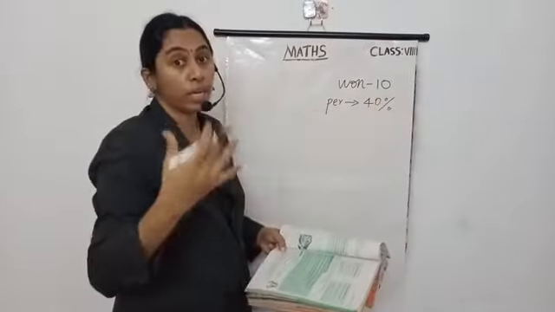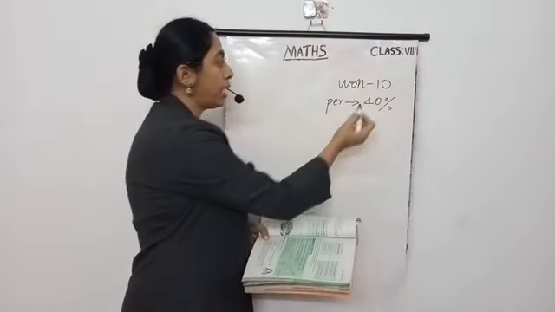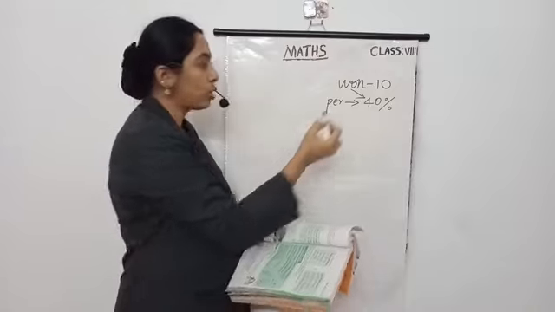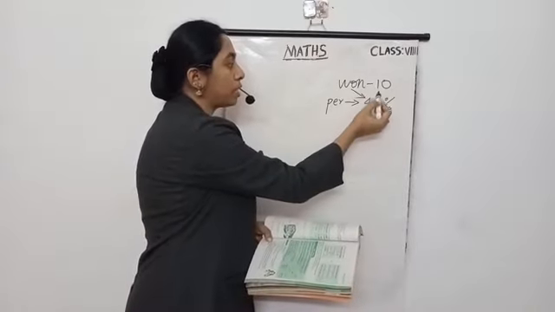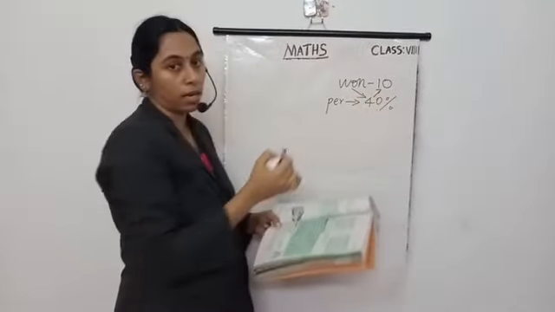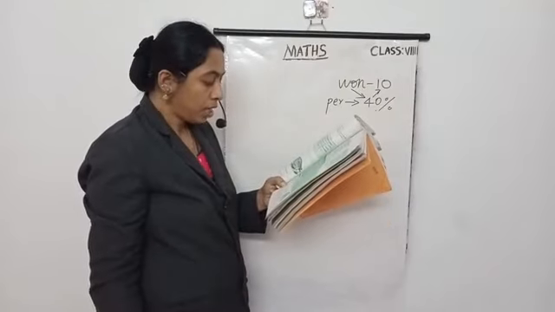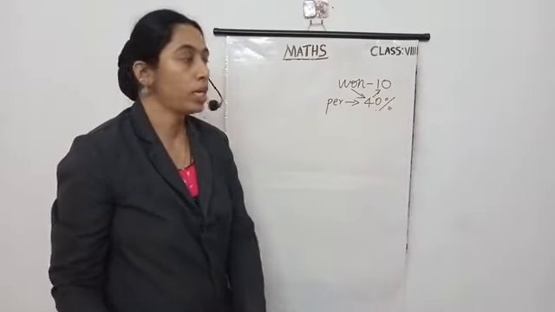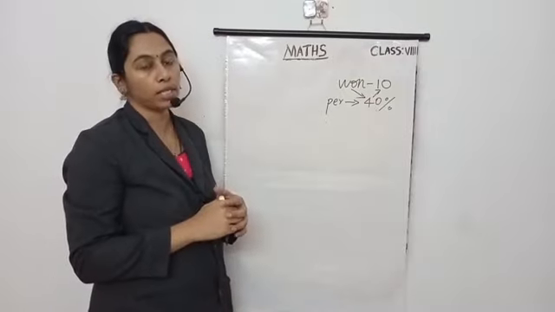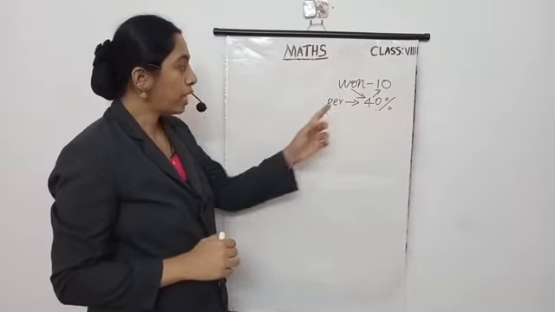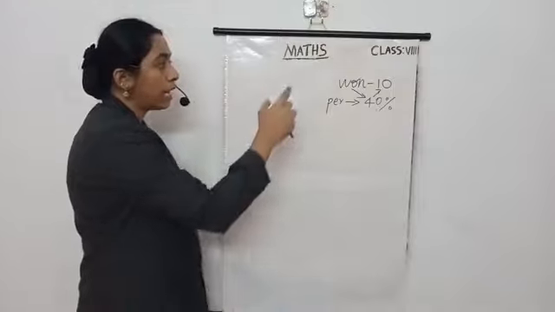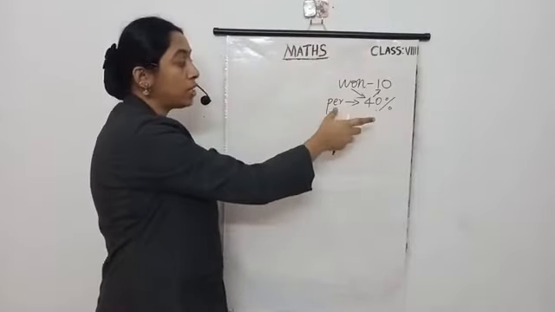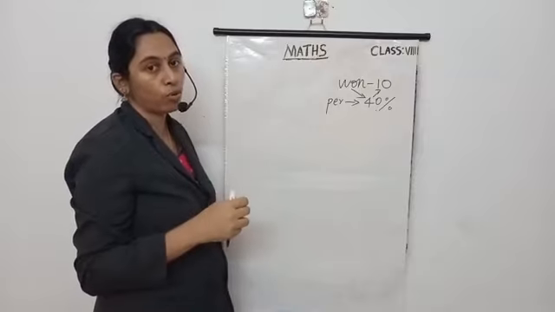Win percentage means the percentage of matches they won. Understood? That is, 40% is 10. That is the connection. Then how many matches did they play in total? We need to find the total matches they played.